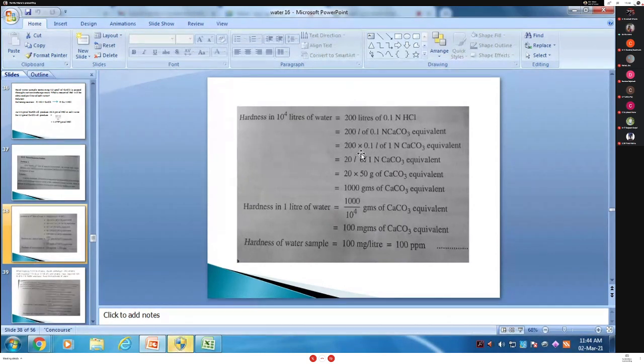Then 200 into 0.1 normal of 1 normal CaCO3 equivalent.